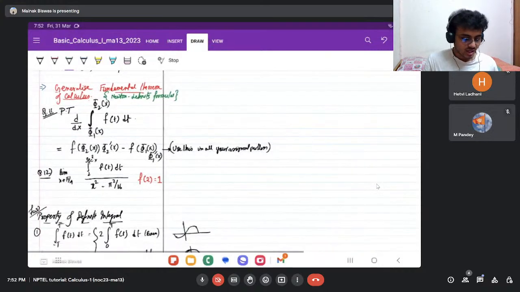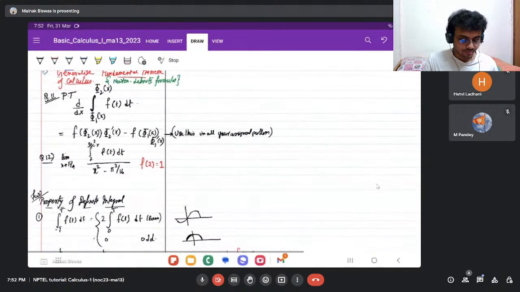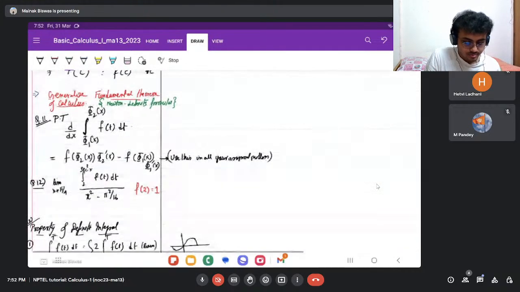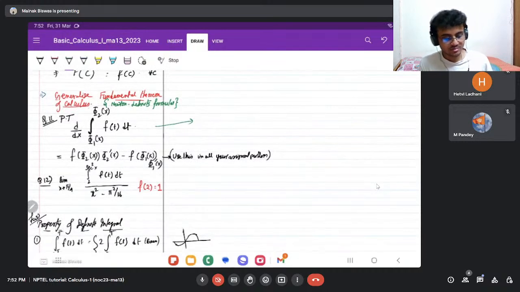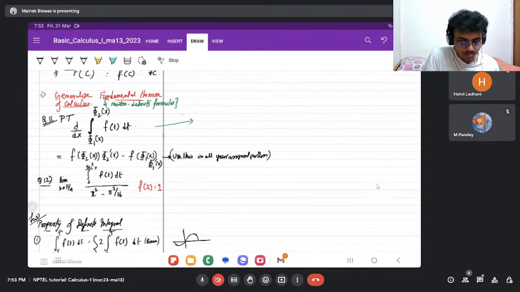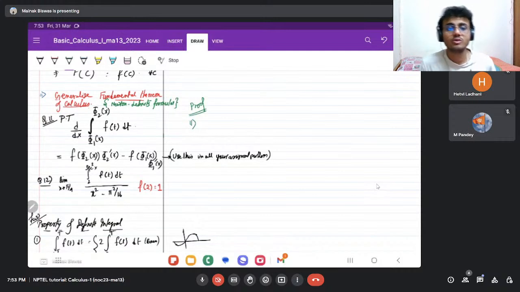This is a question that I have given. Can you tell me how I can prove that the derivative of an integral is given by this value? So what is the proof of number 11? This is a very fundamental theorem. You can directly use it. You're putting the value inside the function and you're multiplying it with the function's derivative.